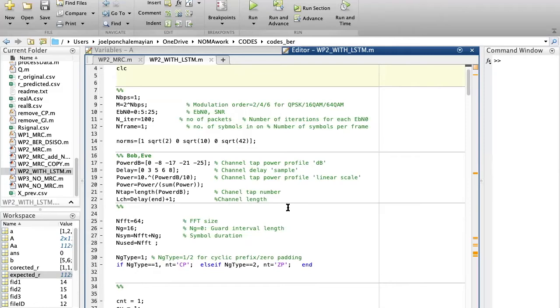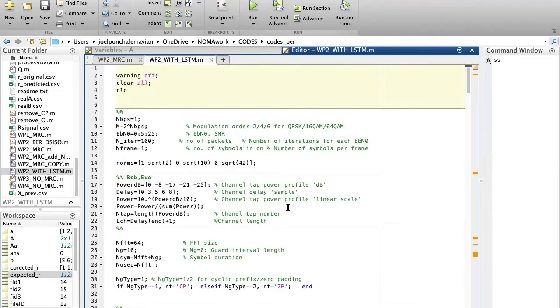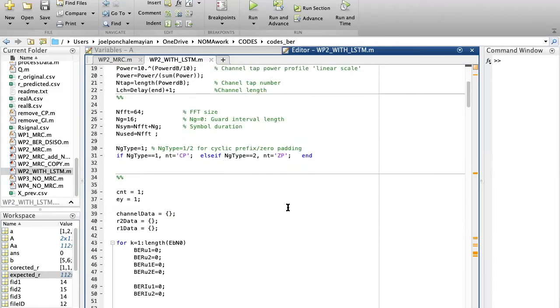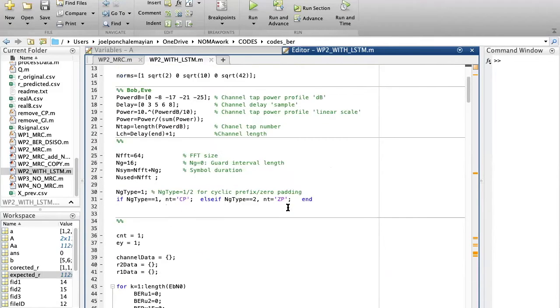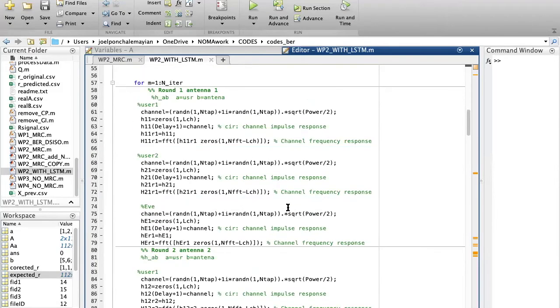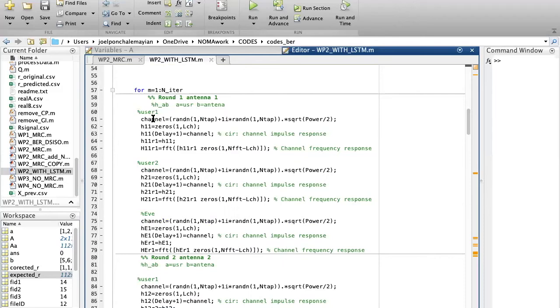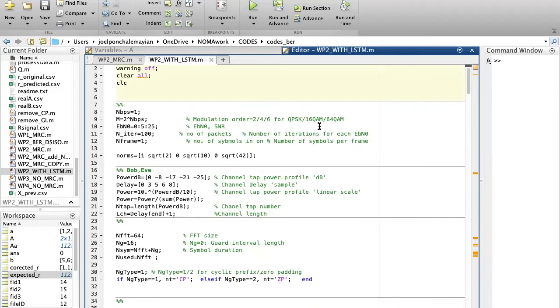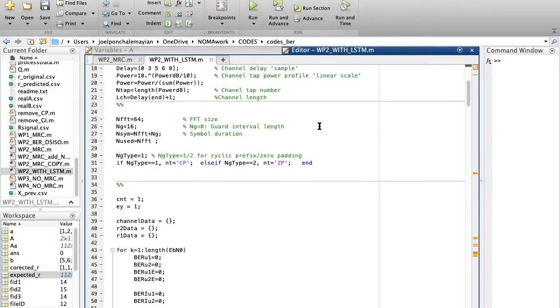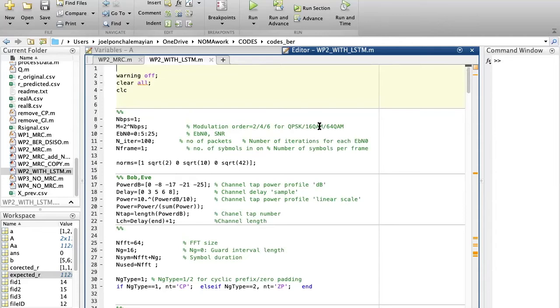Okay, so as we discussed before, in this case, we have different channels for user 1 and user 2. No, Joel. Those are new students. They don't know much about how to simulate the communication system.